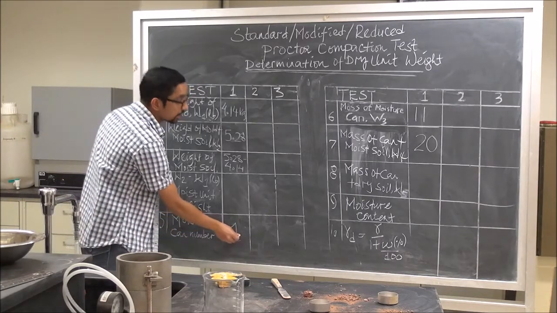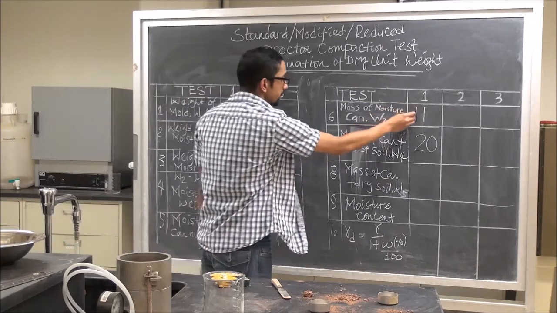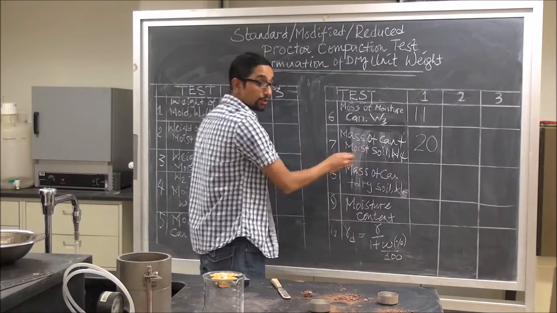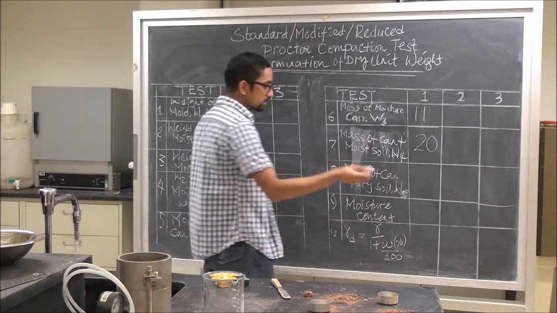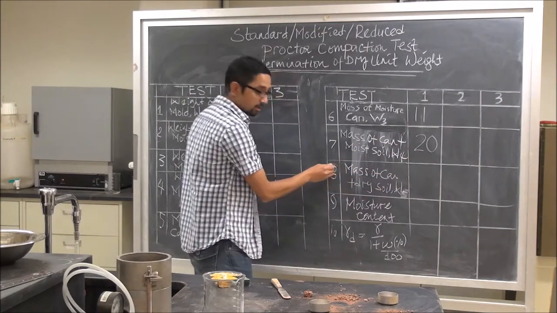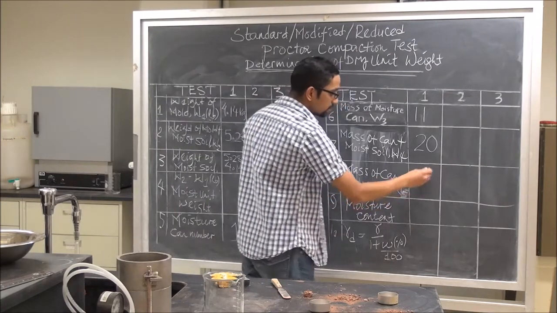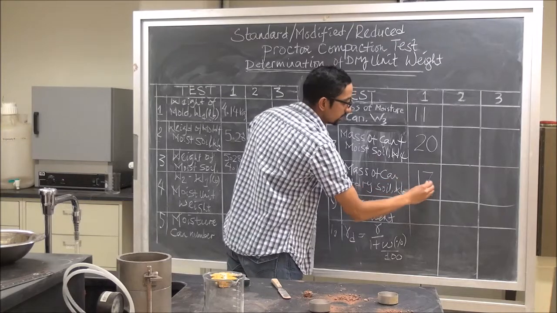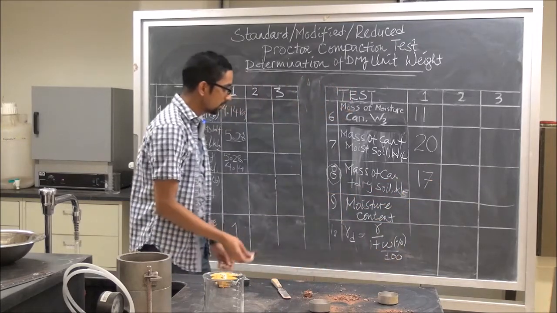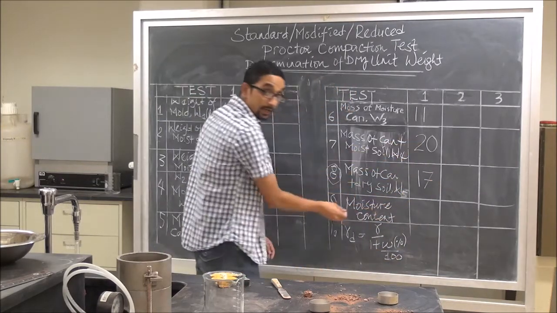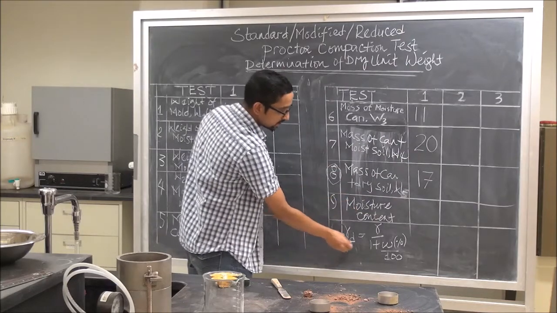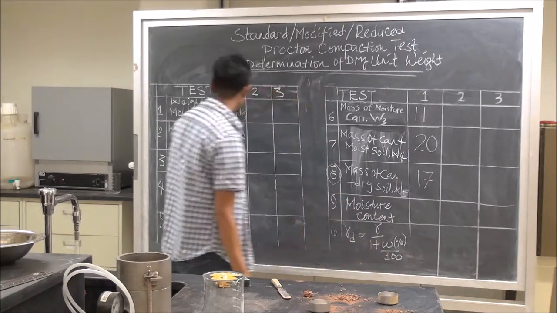Then we have the moisture can number, we have the mass of moisture can, we have the mass of can plus moist soil. After 24 hours, you will be filling in this row number 8. So let's suppose any value is 17. Based on these values, you can find the moisture content and the dry density with this formula.